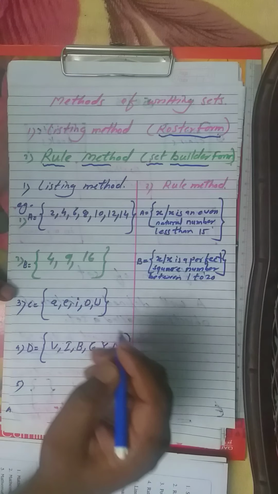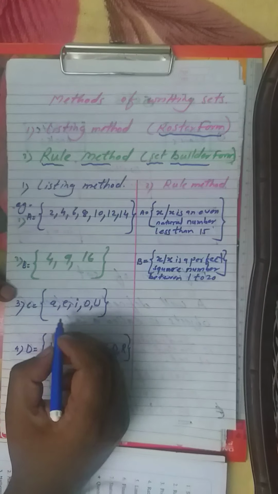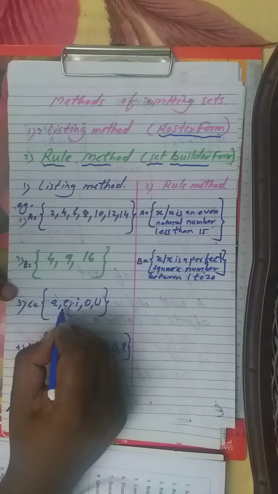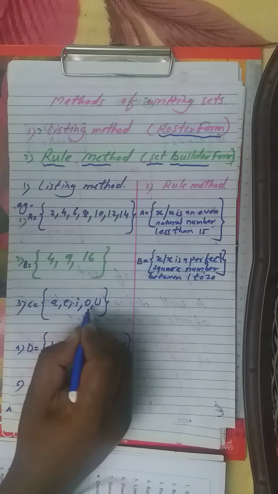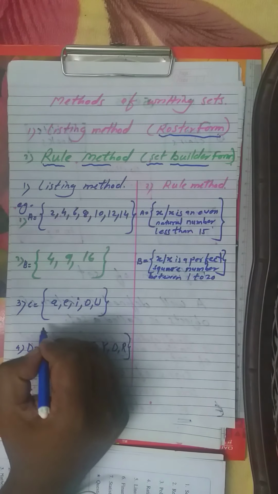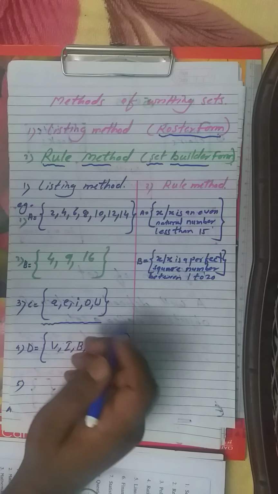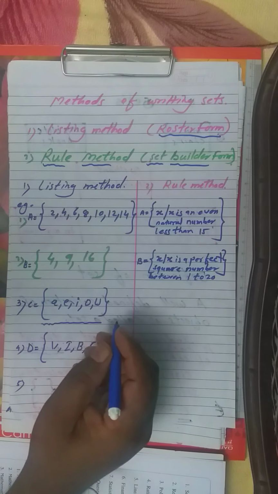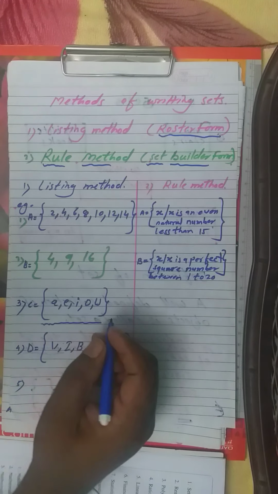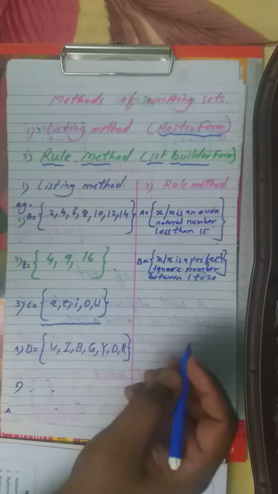Now the third example is given here. Set C includes A, E, I, O, U. Now all students, we all know that these are the vowels of the English alphabet. Now we have to convert it into rule method.